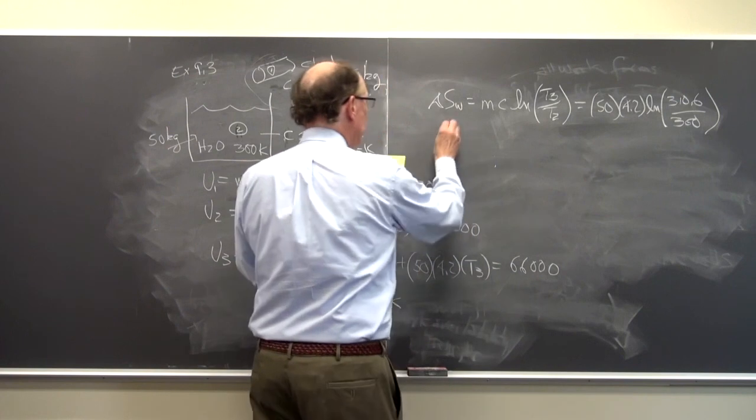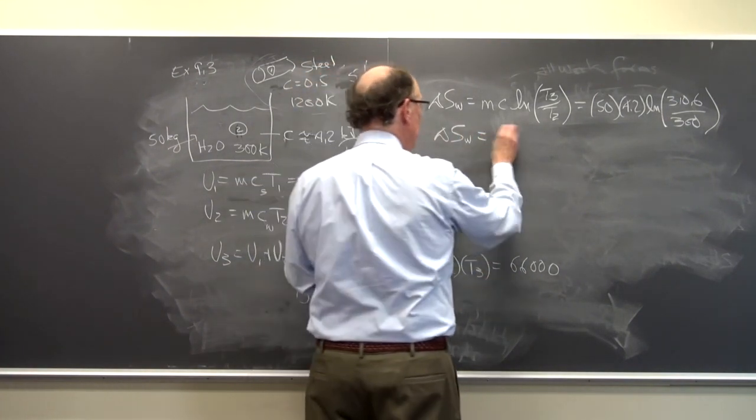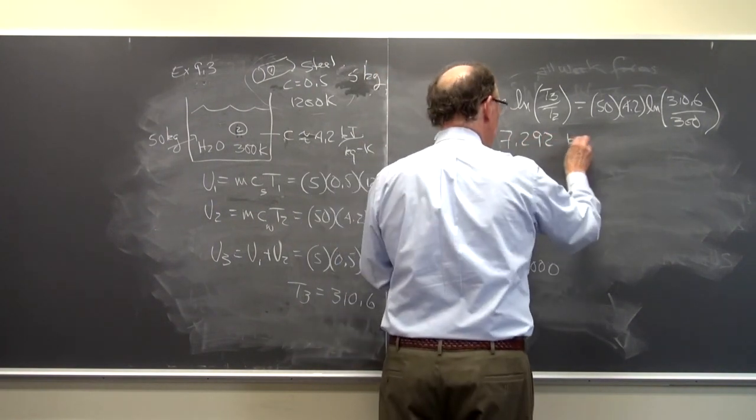And so I get the change of the entropy of the water. The entropy increases, and this is 7.292 kilojoules per degree K.